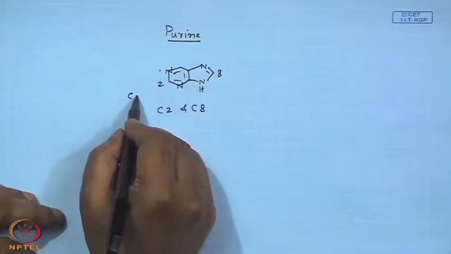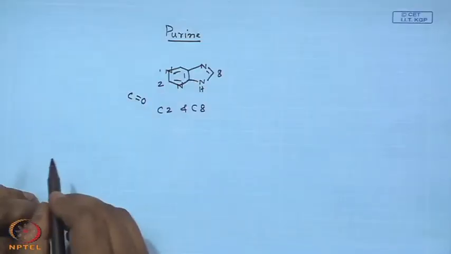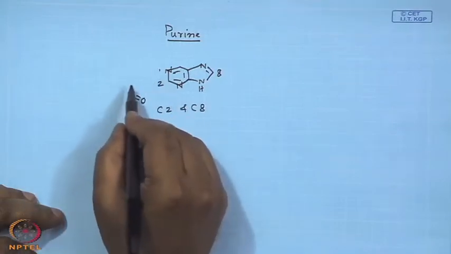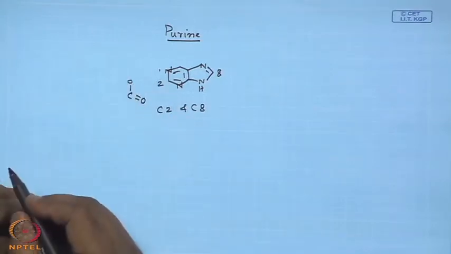methanol, formaldehyde, formic acid, all these things, right, but if you look at C2 it has some resemblance with formic acid, or formaldehyde. If you just take this carbon out, instead of nitrogen you put oxygen here, so it is formic acid.